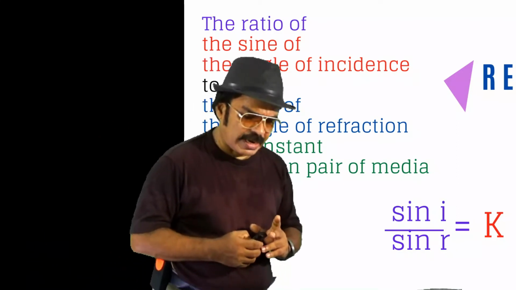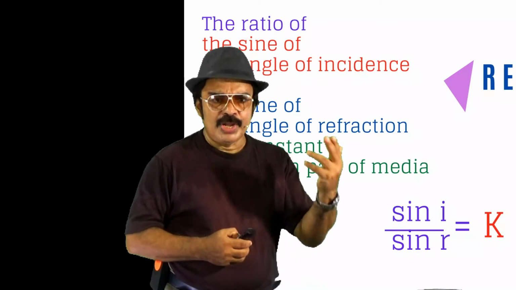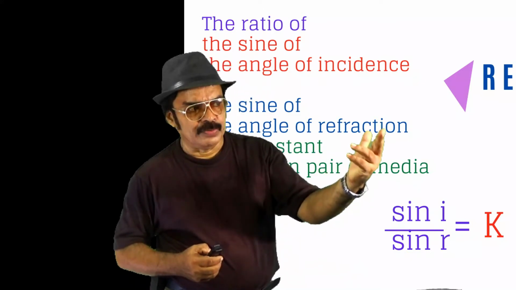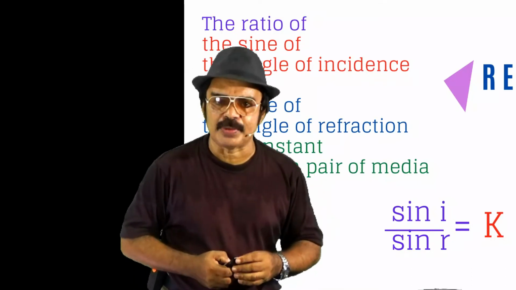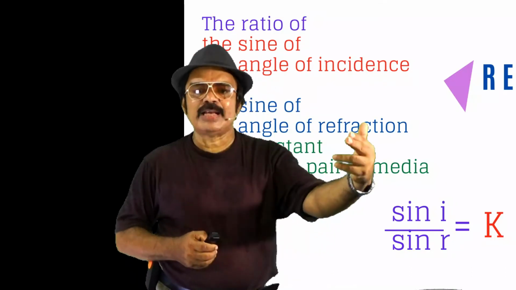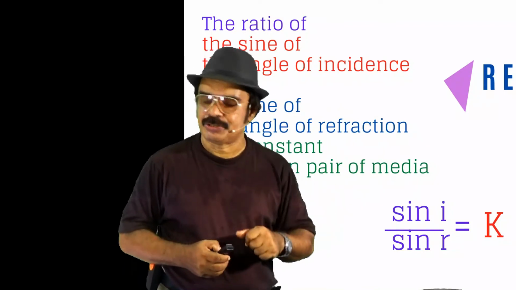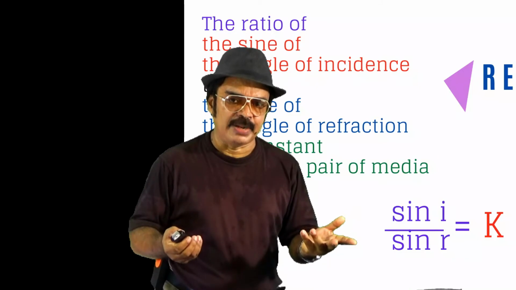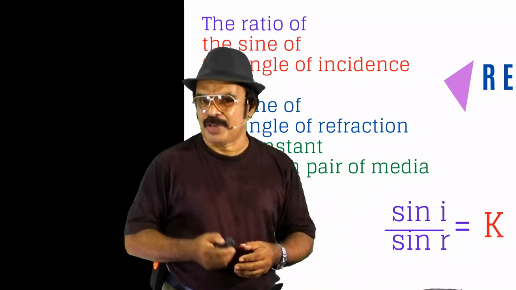Why do we say that for a given pair of media? Now, say, when you think about light entering from air to glass, this constant is 1.5. Any angle of refraction and any angle of incidence, when we take the sine values and when we take the ratio, it gives you 1.5 basically.